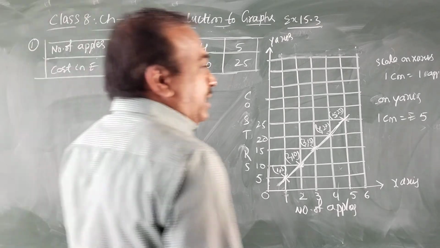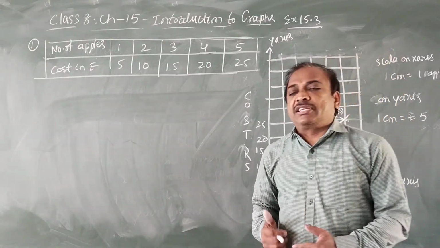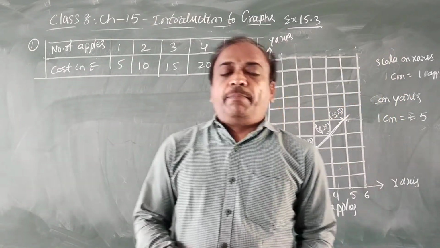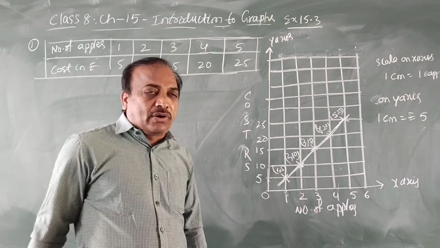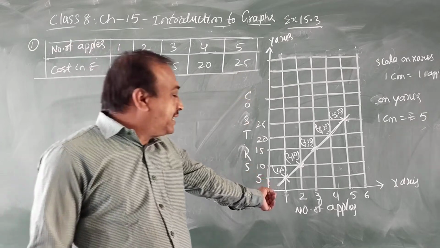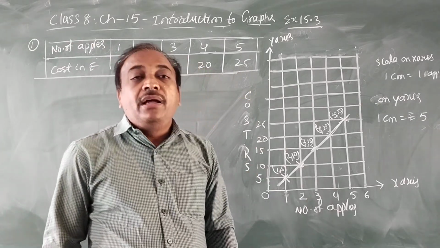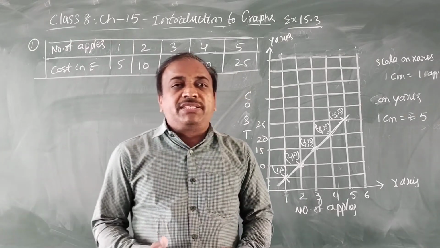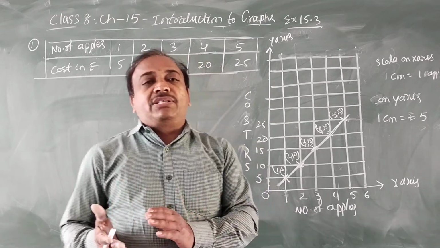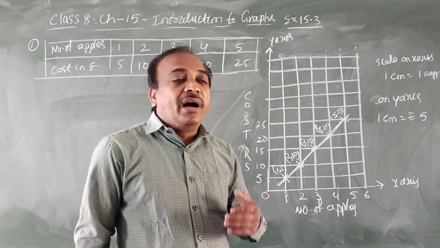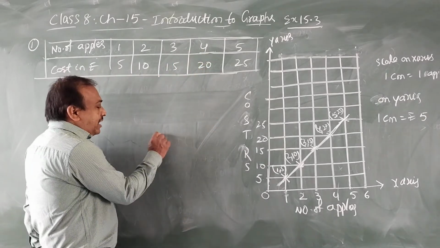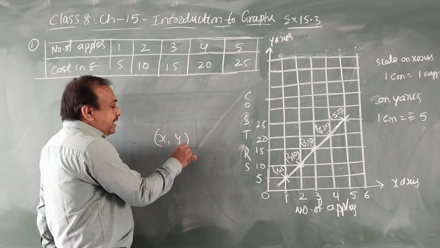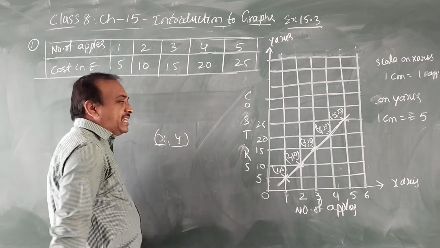I hope you understood what we discussed in today's session: the Cartesian plane, the horizontal line called the x-axis, the vertical line called the y-axis, and where the two axes meet, the origin, with coordinates (0, 0). The other name for the x-coordinate is abscissa, and for the y-coordinate it is ordinate. Whenever we locate coordinates, we first write x, then y.